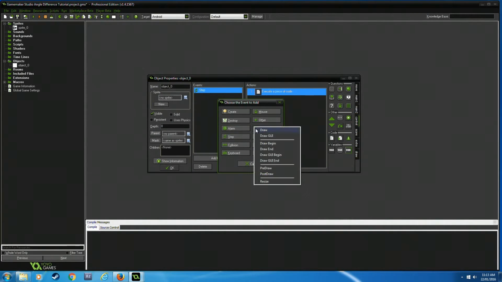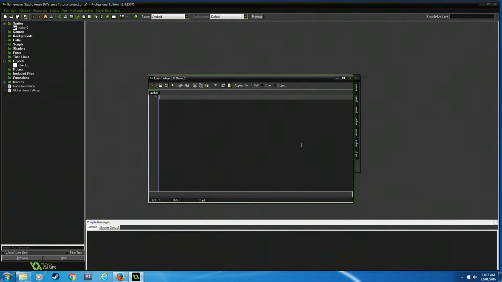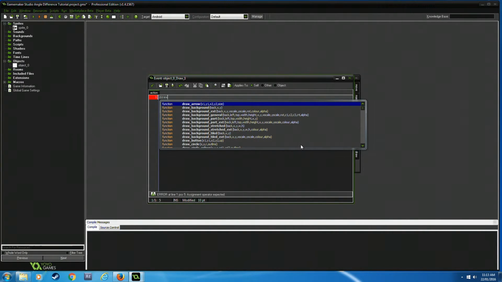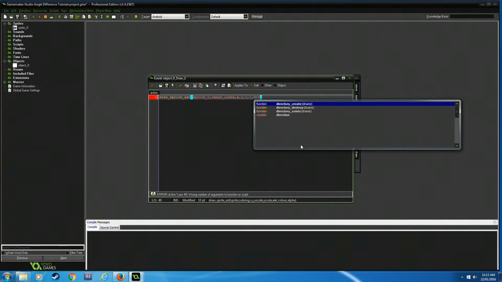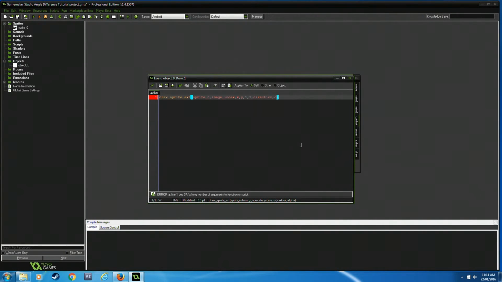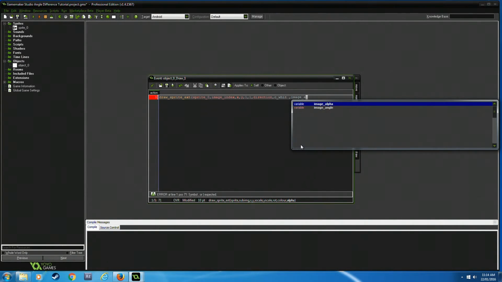So now the only other thing we need to do is be able to represent it. So I'm going to go here, I'm going to go draw, sprite extra, sprite, I can spell, image index, I'm going to draw x and y of myself, scale of 1 and 1, rotation is equal to direction, color is white, and image alpha.